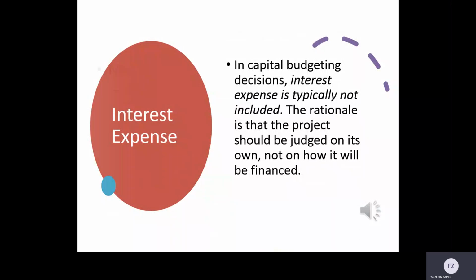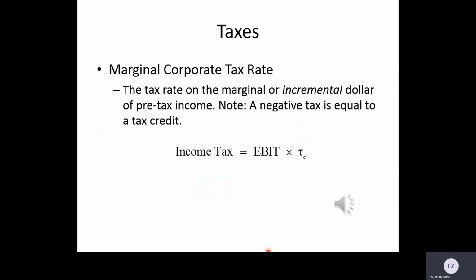For the corporate tax rate, it is the tax rate on a marginal or incremental dollar of pre-tax income. The way we calculate the income tax is we take the earnings before interest and taxation times the tax rate.